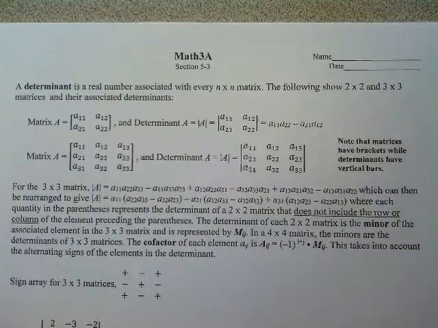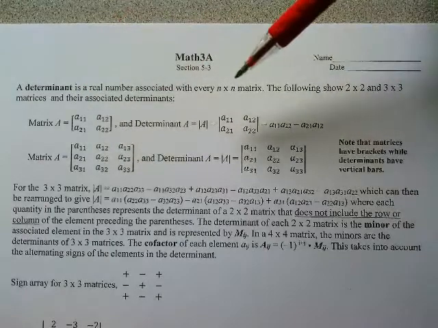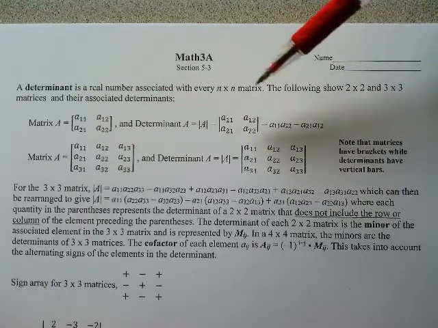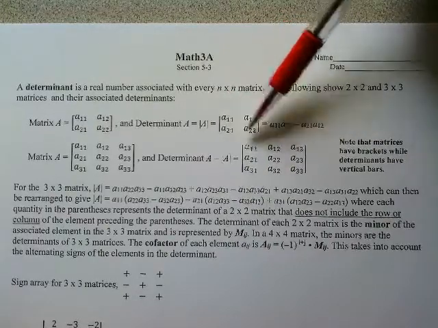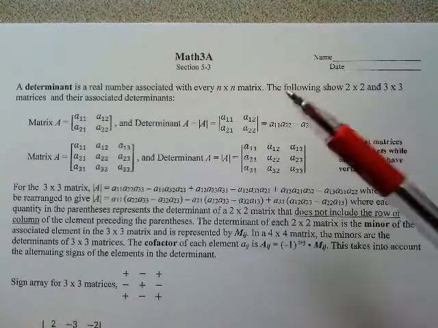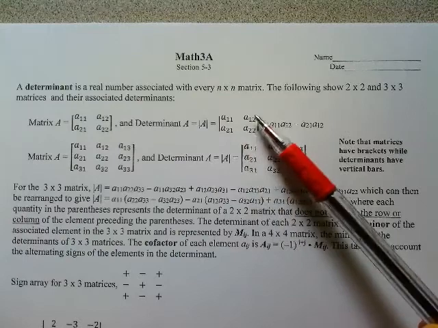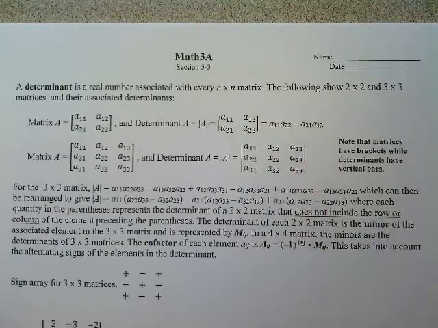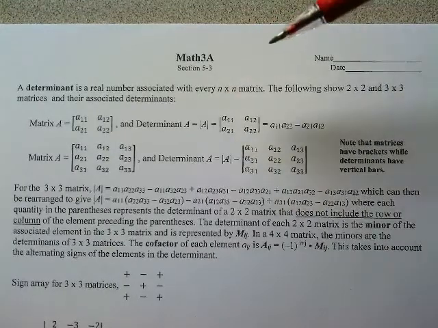The basic idea is if you have a 2 by 2 matrix, then the determinant will be basically this diagonal, A11 times A22. So you multiply those two, and then you also multiply the other diagonal, A21 and A12, and the difference between those two products is the determinant.